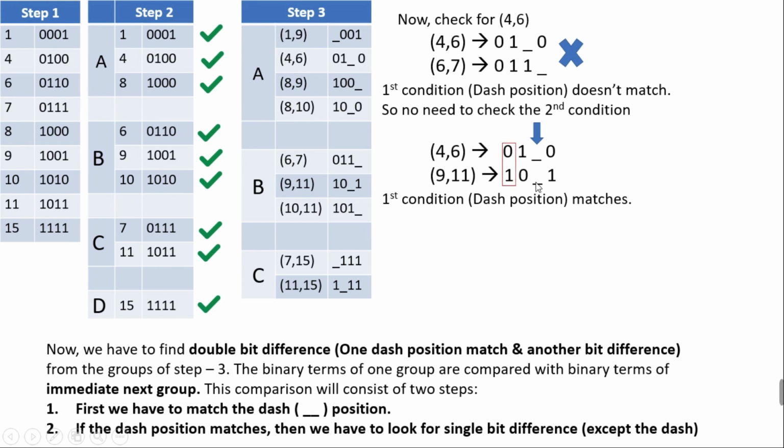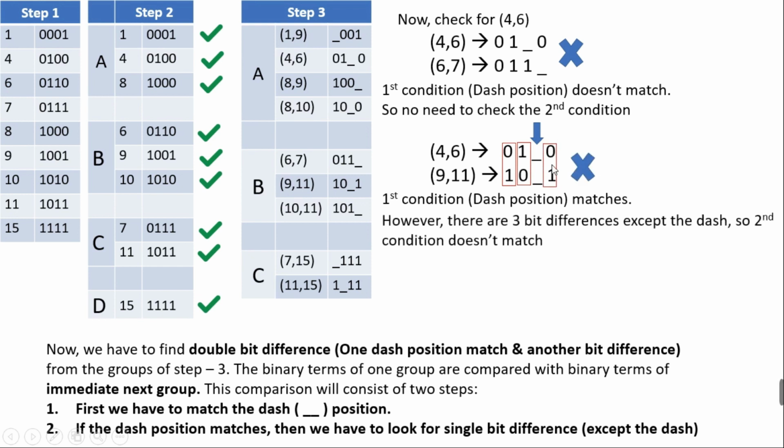You can see that there is a bit difference at the first position, another bit difference at the second position, and another bit difference at the last position. So there is actually no single bit difference. There are actually 3 bit differences for those pairs. Even though the first condition matched, the second condition didn't, so we're definitely going to discard this comparison and move on to the next one.